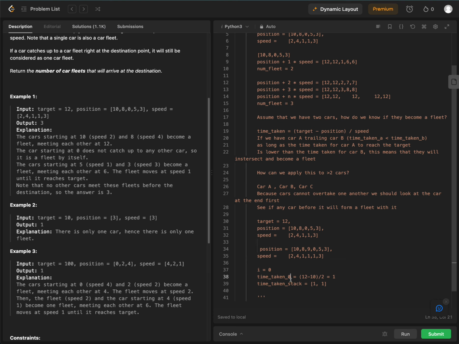The time taken here for them to reach the goal will not be 1 second. Why is that so? In this case, time taken would not be 1 second.